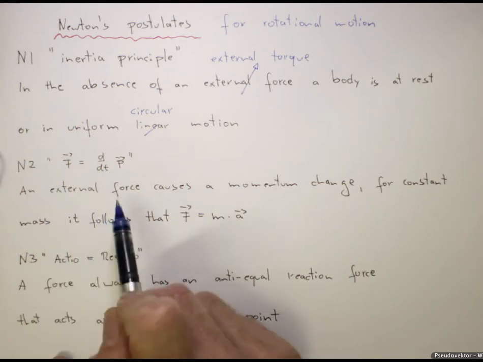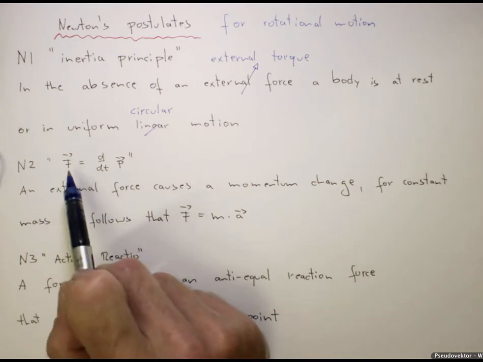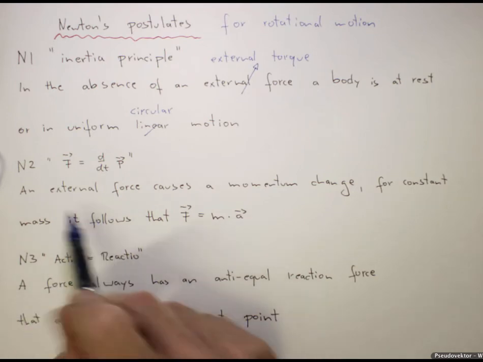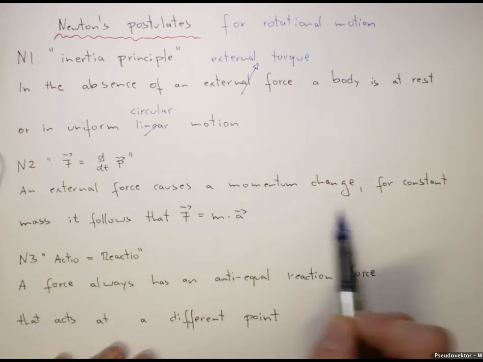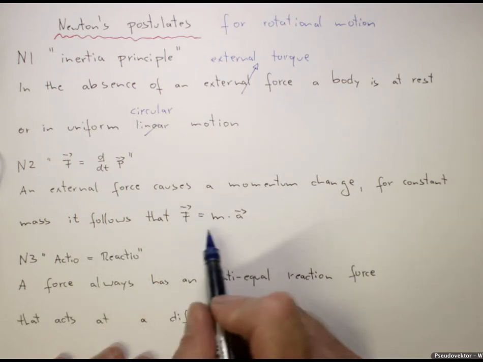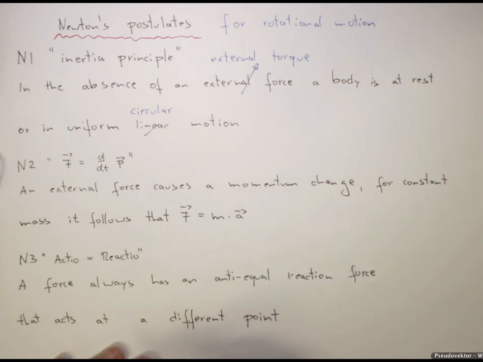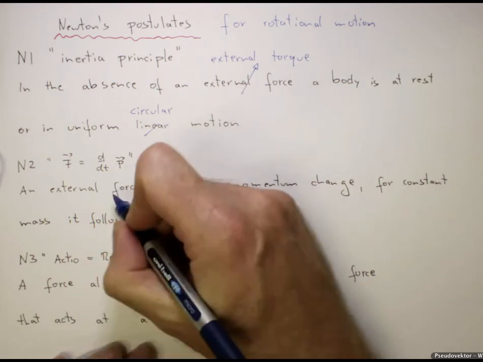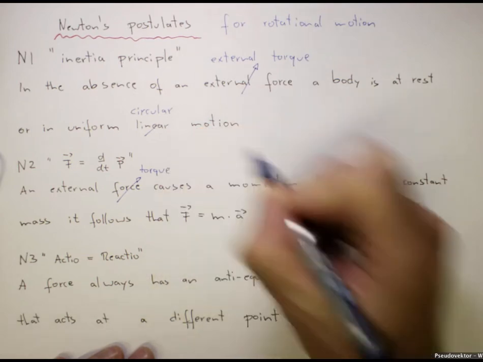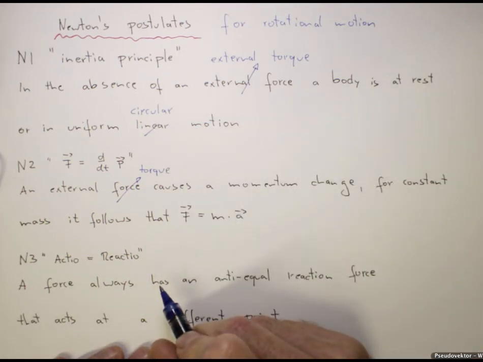The second Newton postulate, the second Newton law, force is equal to momentum change, reads: an external force causes a momentum change. For constant mass, it follows that F equals m times a. This is now an external torque, force becomes torque, causes a momentum change.